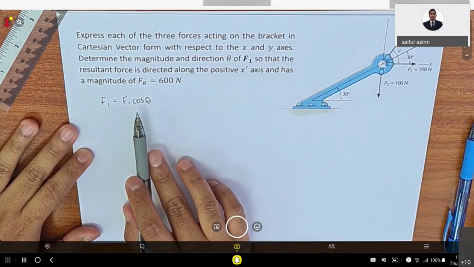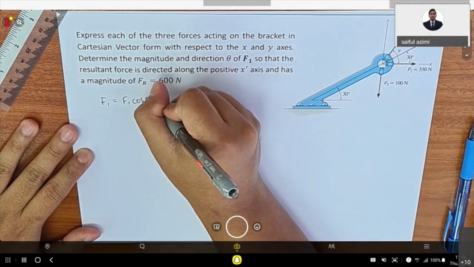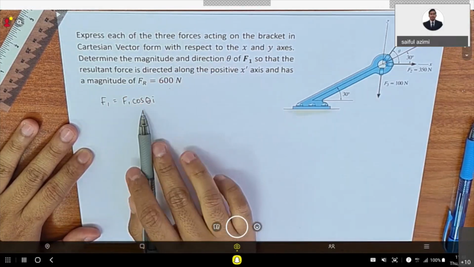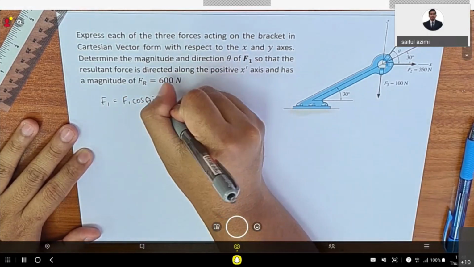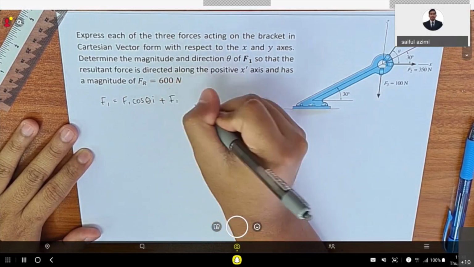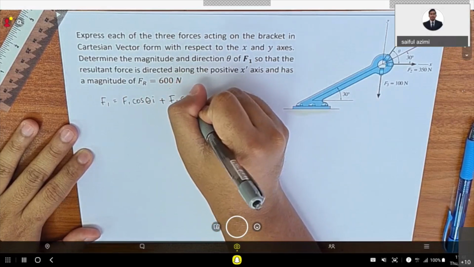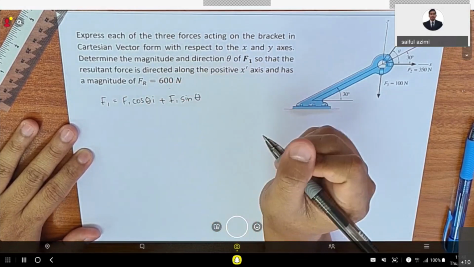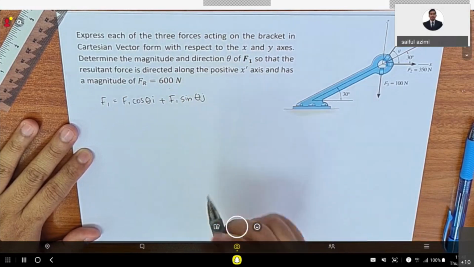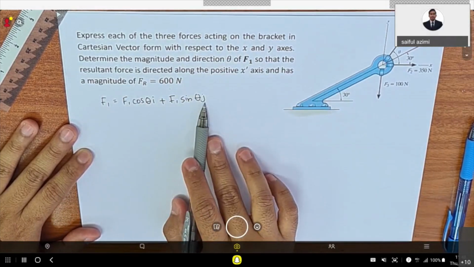So F1 cos theta i is for the x-axis, plus F1 sin theta j, where j is for the y-axis.